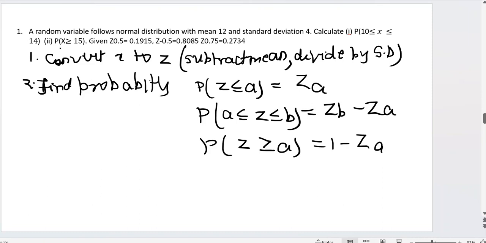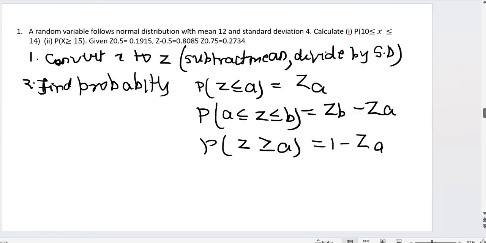Now we solve the problem. In the given problem, the mean is given as 12, standard deviation is 4.